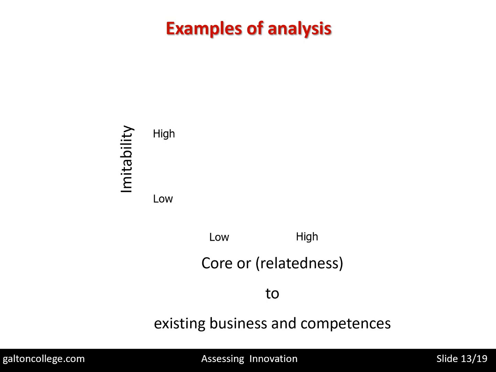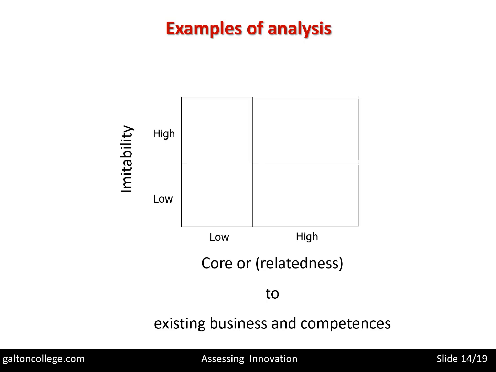This could be a departure for the business. It does a certain set of tasks at the moment, and this innovation will extend what it's doing. It's taking the business into different territory. So we can imagine a little matrix like this.